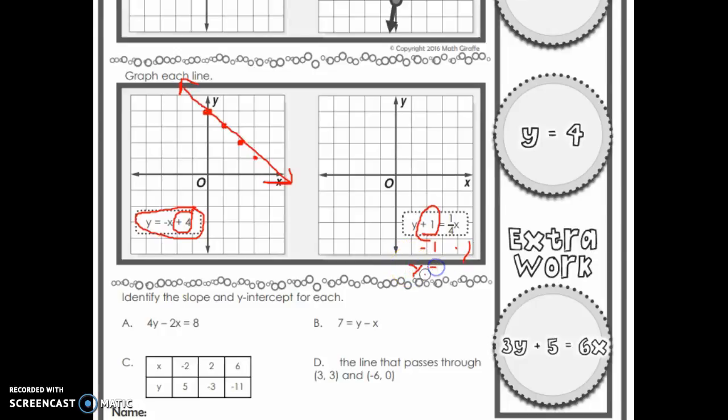Y equals 1/4 x. Now this time it's -1, remember, because we subtracted it from both sides. Hopefully you can see this. Okay, so don't forget, we always start at the y-intercept. So that's this part right here, -1. Boom, right there it is.